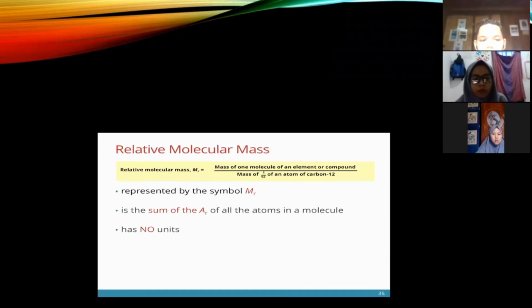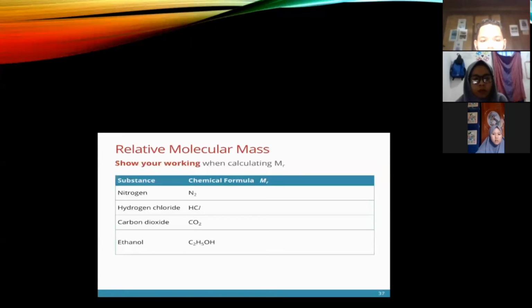The relative molecular mass has a symbol Mr, while the relative atomic mass has the symbol Ar. The relative molecular mass is taken by adding up all the Ar of the atoms in the molecule, and it doesn't have a unit. Let's take a look at some examples.